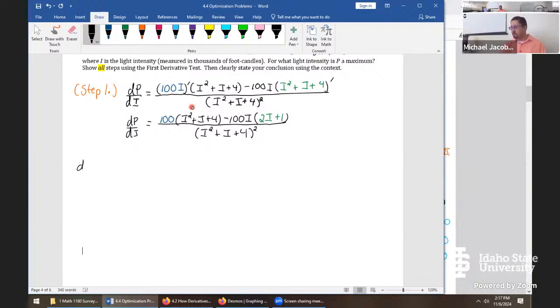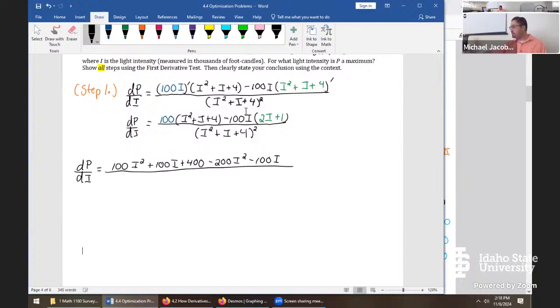So on the next step, dp di comes out this way. By the red dot, distribute 100 inside. We've now got 100i squared plus 100i plus 400, and distribute again over here. This will turn into negative 200i squared minus 100i.